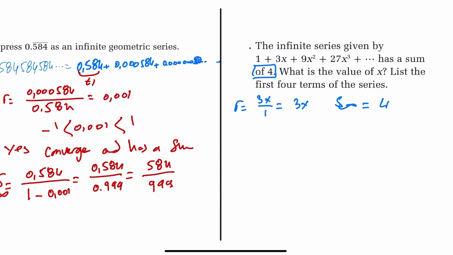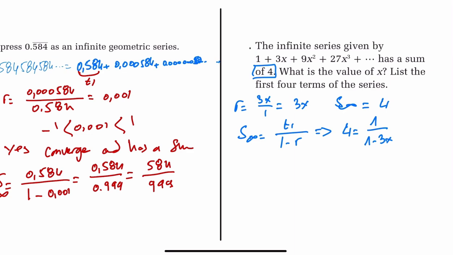I know my infinite sum is the first term divided by 1 minus R, which tells me that 4 is equal to the first term, which is 1, divided by 1 minus 3x. And now we just solve for x.